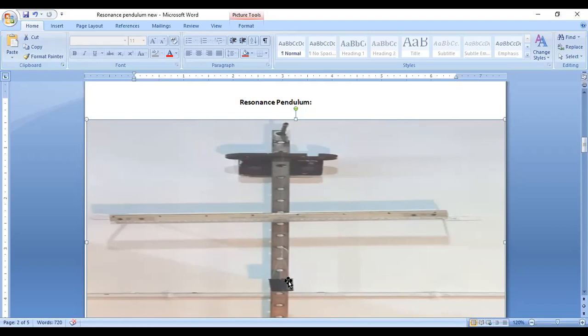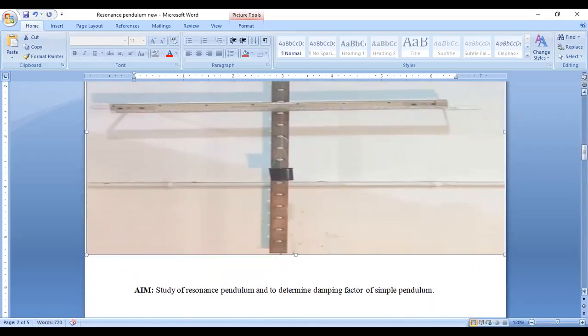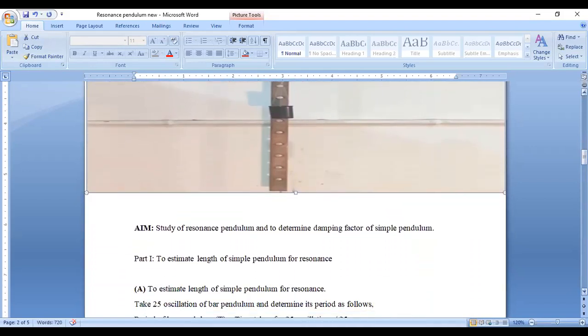So in this experiment, you have to perform two parts. The first part is to find the resonance length. You have to estimate the resonance length, so use that expression which I have mentioned. You have to use this expression.